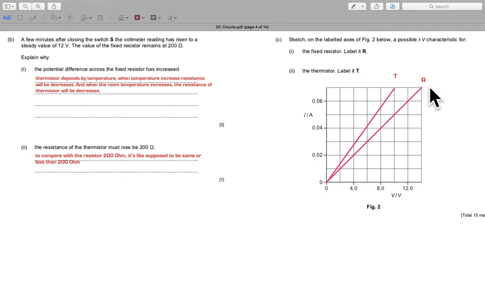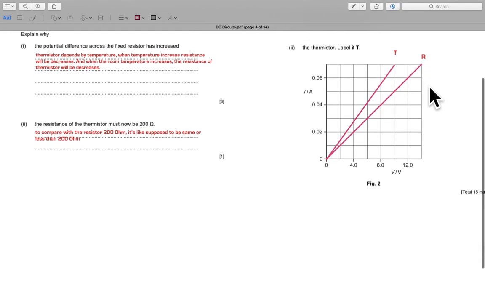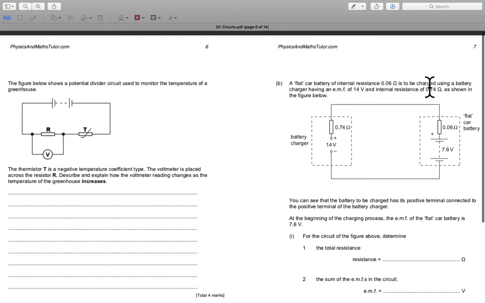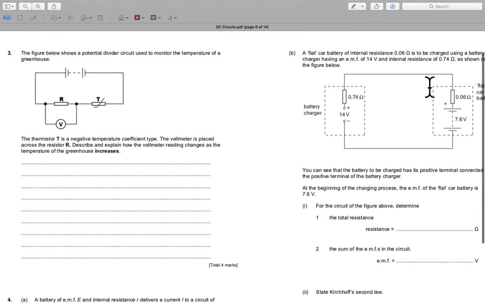Okay guys, we continue again to the next number. Yeah, we see, oh, this one, number 3.